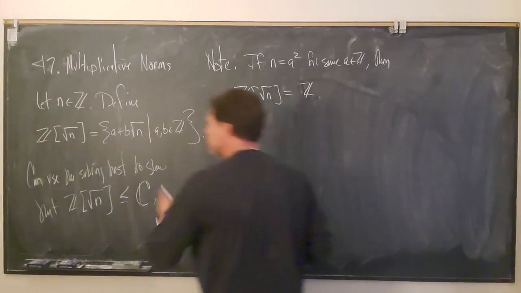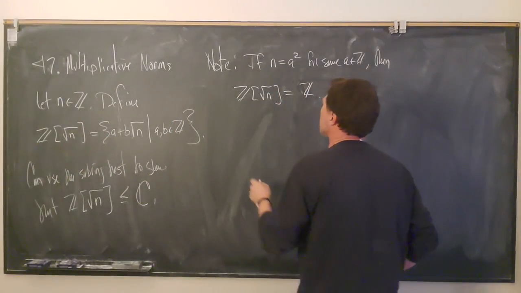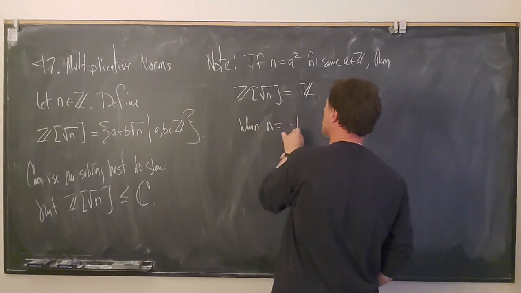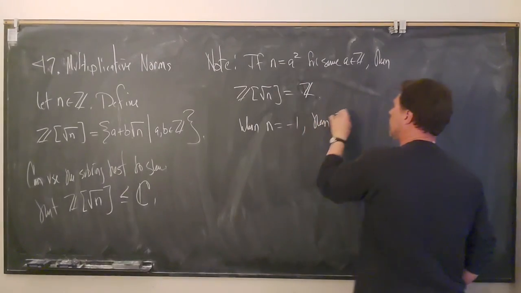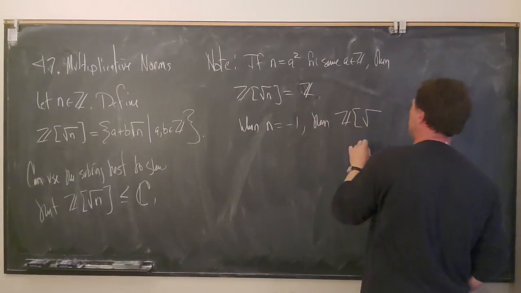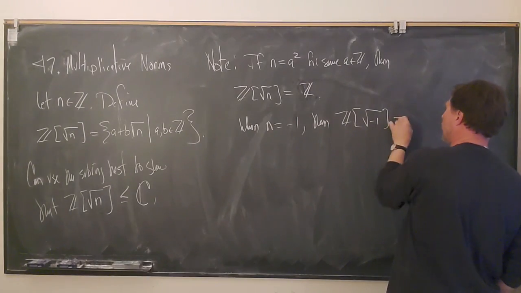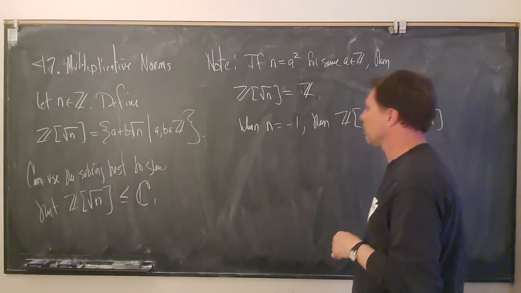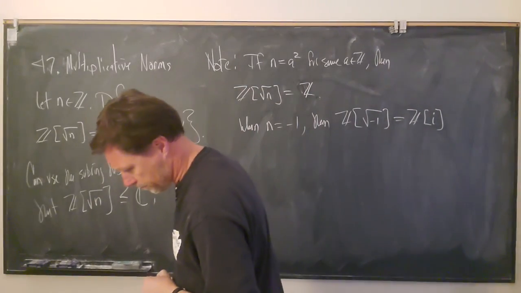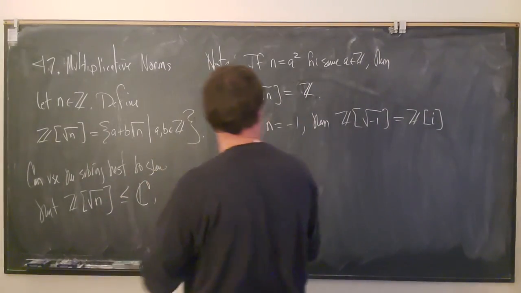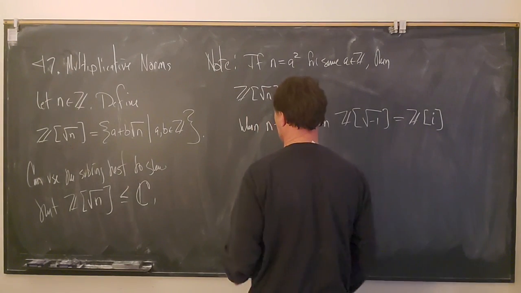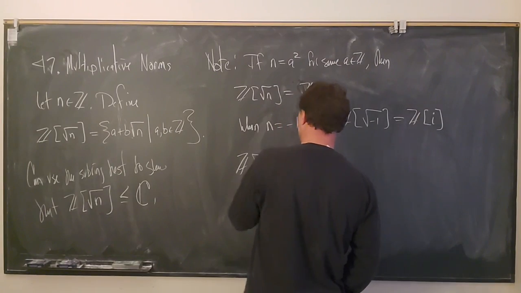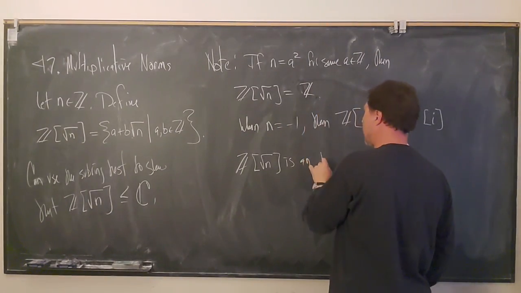So there's nothing exciting there. Now, we have seen this explicitly in one case. When n equals -1, Z bracket square root of -1 is the same as Z bracket i. And one more observation: no matter what, Z bracket square root of n is an integral domain.